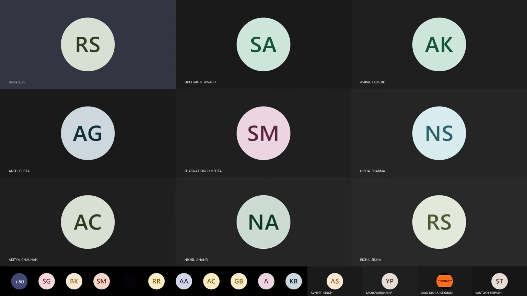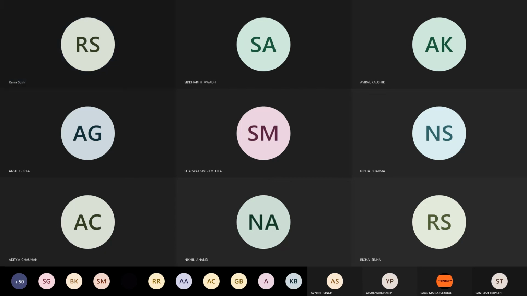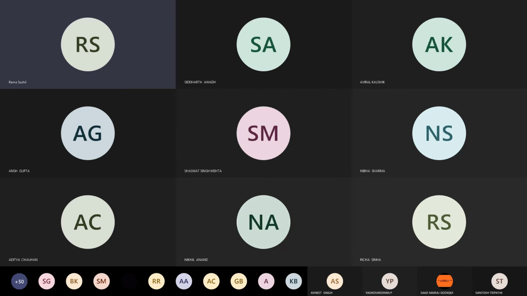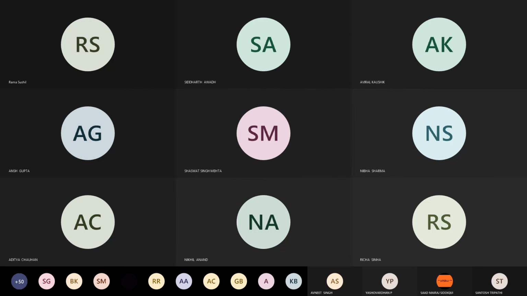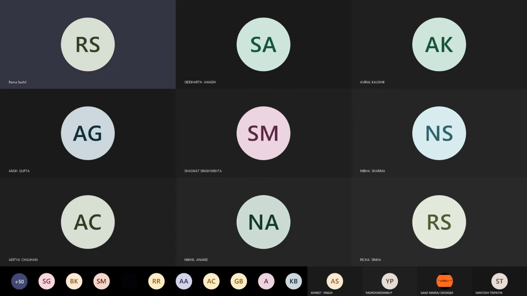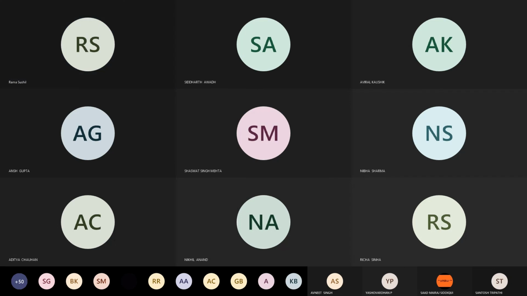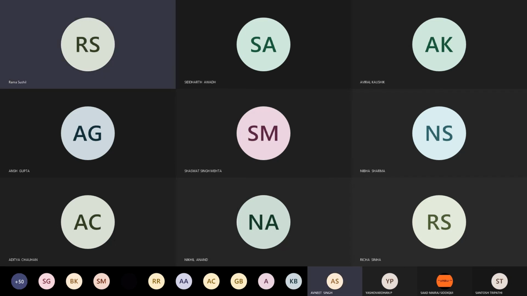Count sort is a linear sorting method. Can you tell me on which day and time your whole class is available? Can we keep it on Saturday? No, ma'am.